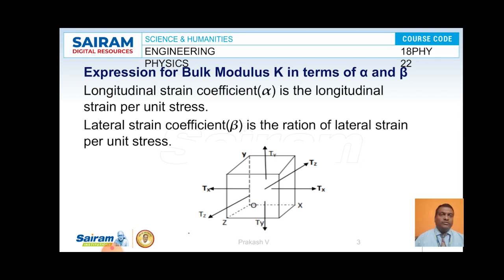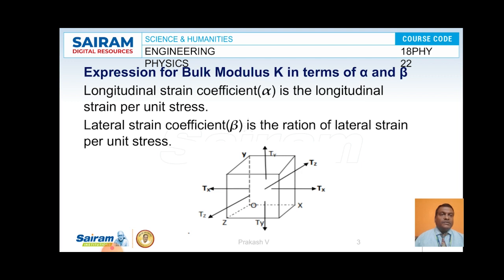So the original volume is taken as 1 unit, and this box is subjected to outward forces, that is Tx acting along the x direction, Ty acting along the y direction and Tz acting along the z direction. You can see this in the picture. So this is the outward force. Because of this force, there will be an expansion in the volume of the material.